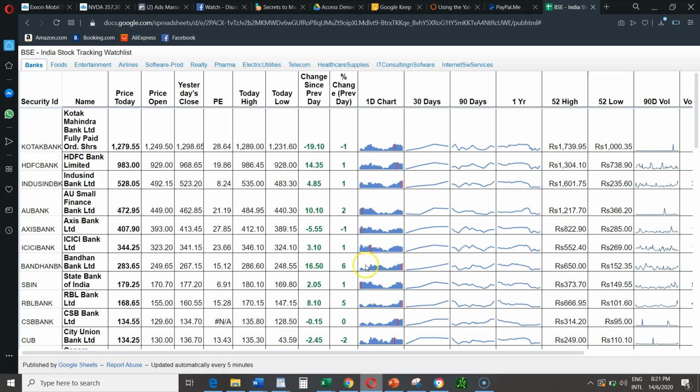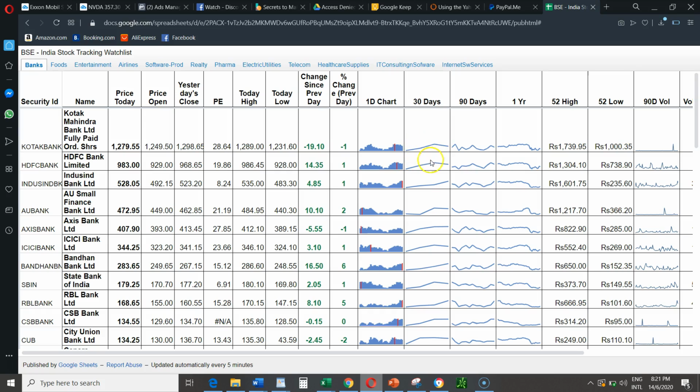And then this is a 1-day chart. So this is the most important section. According to me, I feel that the most important section is this, where you can see the charts, the 1-day chart. So this is today. You can see that it actually went down and came up, and this is the last 30 days.